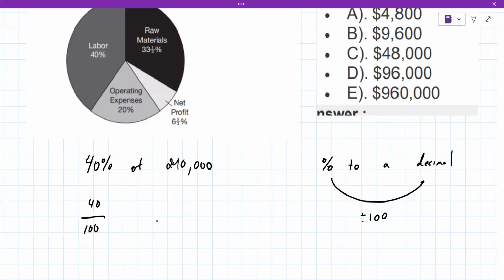Do you have a calculator handy to tell me what that is? When you divide, it just moves the decimal. So it's roughly the same digits, but the decimal just moves. 0.4. So it's 0.4 times 240,000.